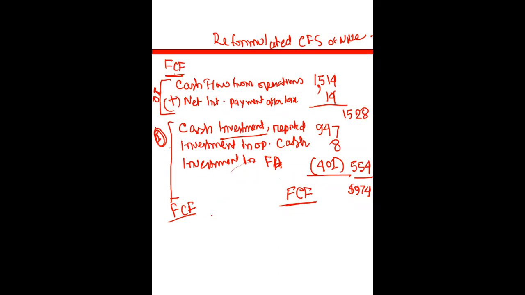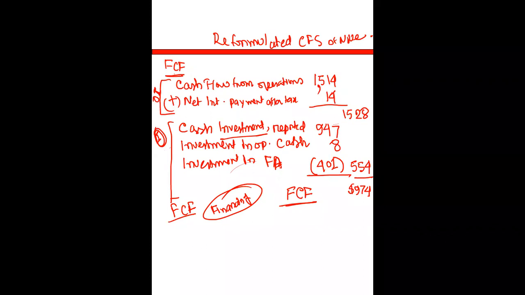Okay, now let's look at the financing part. Is it possible that if we look at the same thing from the financing part, we will get the same number? Okay, let's see. Someone has asked that, okay, we'll talk about it later. Can you recall that I mentioned that the equity financing and the financing provided by the debt holders will be added in this part?